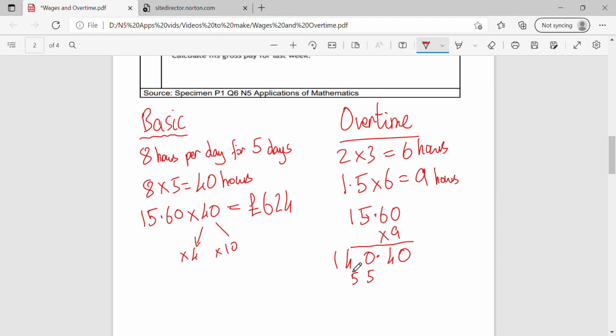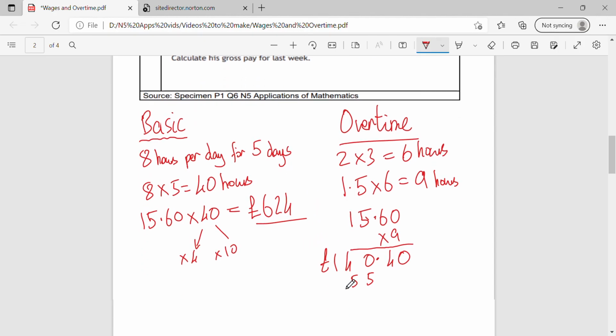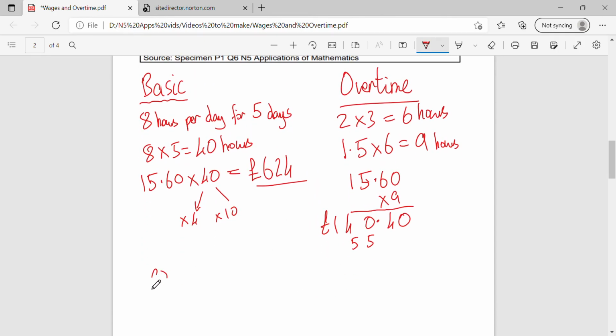Yep, £140.40. And again, that would be the exact same as doing 1.5 times 15.60 and then timesing that by 6. You get the exact same answer either way. So we've got basic pay, we've got overtime pay, and let's work out what they get paid in total by adding those together.